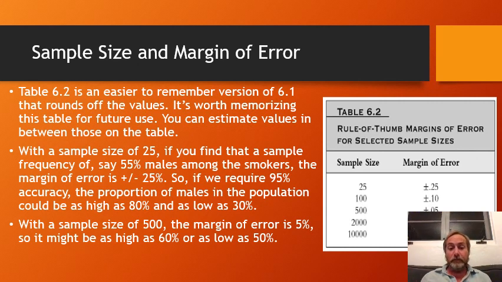With a sample size of 500, we've got a much smaller margin of error, only 5%. So again, if you found 55% males in your sample, the probability in the actual population would be somewhere between 50% and 60%, a much smaller range. So bigger sample size, smaller margin of error, and at 95% confidence, you've got a tighter range.